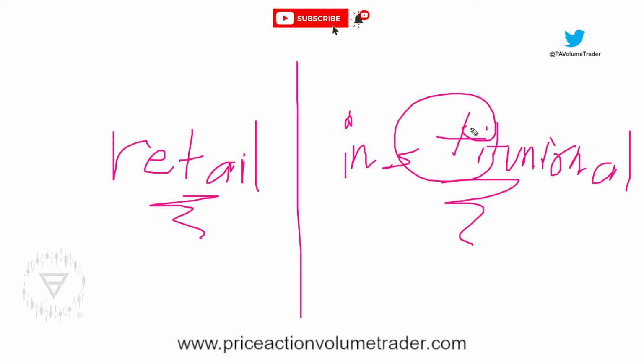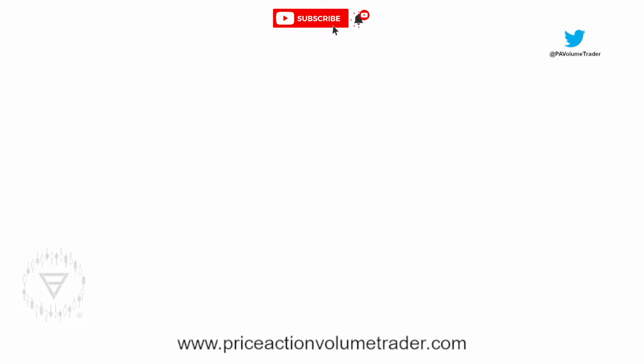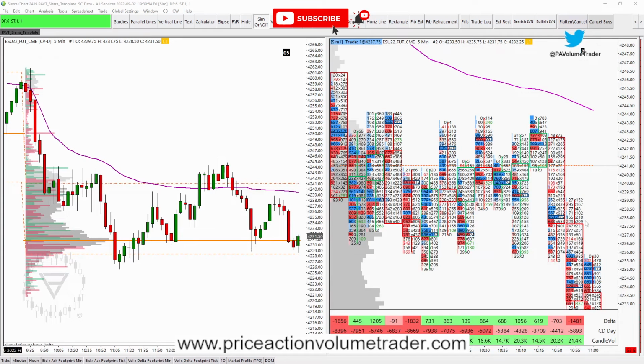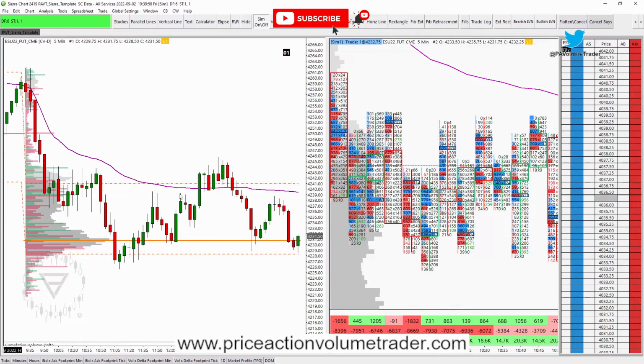Now, these institutional players are not just going to go into a chart and randomly market buy 10,000 ES contracts wherever, because what happens?